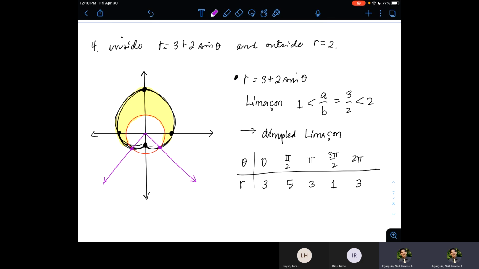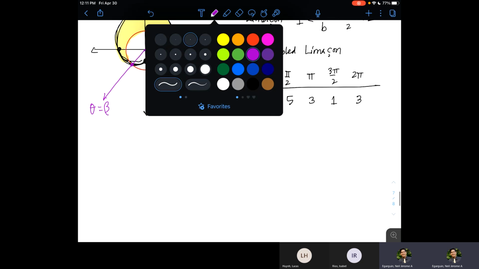So we need to integrate from this theta value until this theta value, alpha and beta, all right? But the good thing is that from the picture, we know exactly what alpha and beta are. Not exactly, but we know how they relate to the graph of the two curves. They are the theta values at the points of intersection. So let's compute for the POIs.